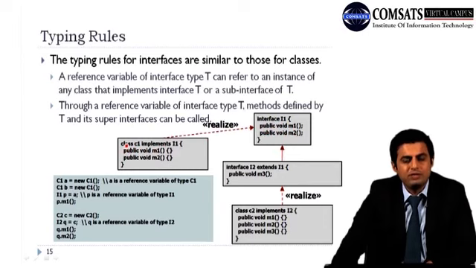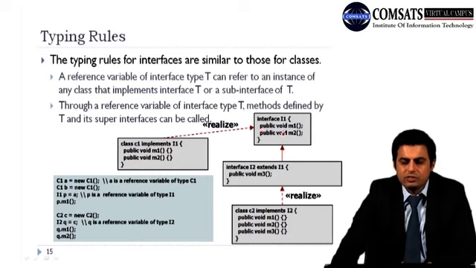So this is the code for writing an interface. If you are going to implement an interface, you will add this keyword to the implementing class. This keyword is implements. You should know the difference between the implements keyword and the extends keyword. Extends is used for inheritance and implements is used for interfaces.